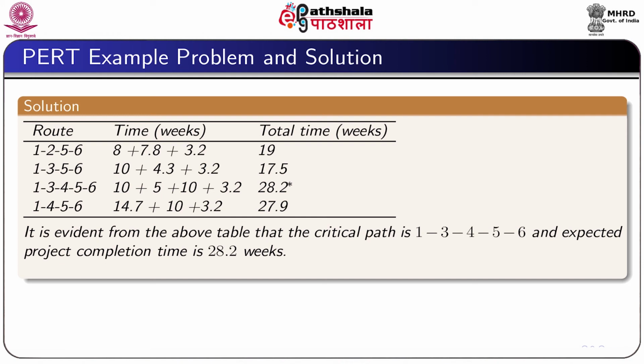For the route 1, 2, 5, 6, we calculate the total time. Similarly, for the other routes, and it shows that the route 1, 3, 4, 5, 6 is the longest one. Therefore, definitely it would be the critical path, and the duration of the critical path is 20.2 weeks, which is the duration of the project.